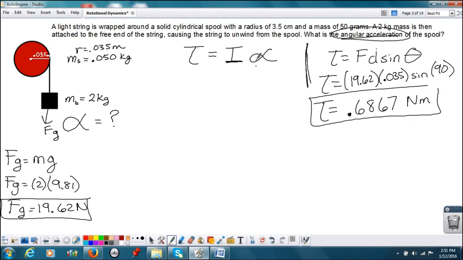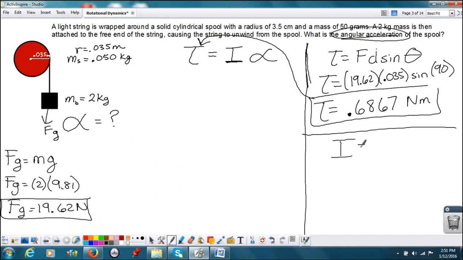And I can substitute that in over here. Well, what's left? In order to solve this, I also need to know the moment of inertia. I'm going to approximate this shape to be approximately a disk. And if we look up the moment of inertia for a disk, it is 1/2 the mass times the radius squared. So the moment of inertia is going to be 1/2 the mass of the disk, so that's the spool in this case.